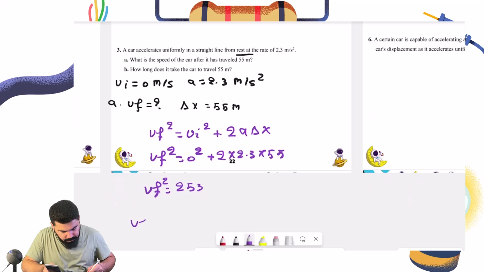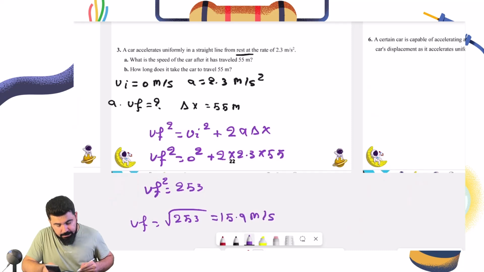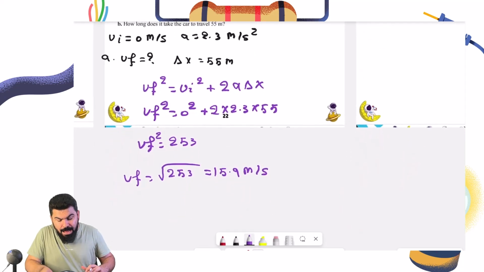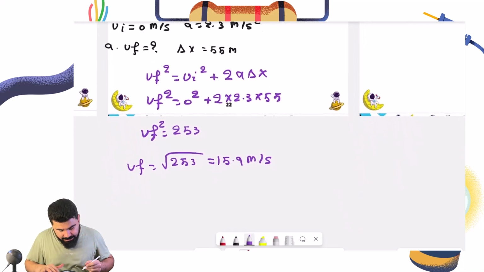So V final is equal to the square root of 253, and this is equal to 15.9 meters per second. Okay, guys? Now, how long does it take the car to travel 55 meters? Okay, so what is it asking here? B.